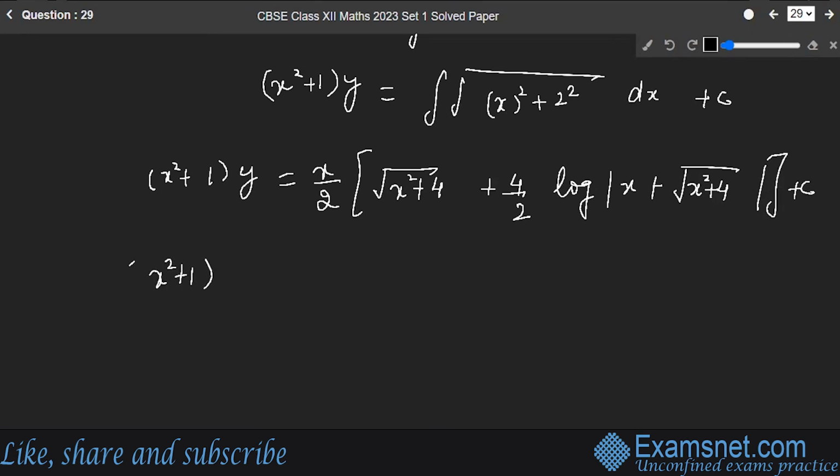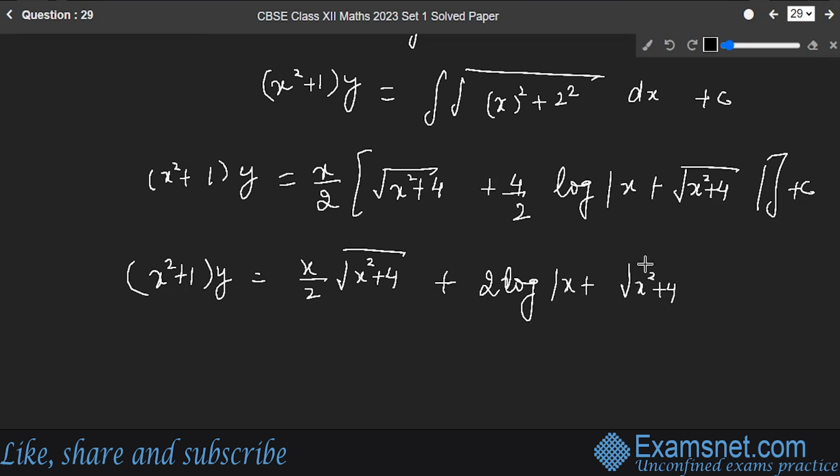So x squared plus 1 y is equal to x upon 2 into root of x squared plus 4 plus this would be 2 log of x plus root of x squared plus 4 plus the constant c. Right? Hope you understood. So this is the required general solution of the given equation and answer to the question. Hope you got that. Let's move to the next question then.